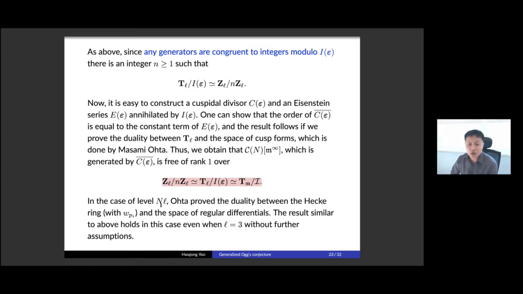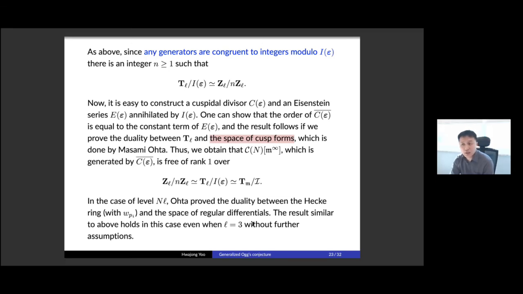And in the case of level NL, Ohta proved the duality between this ring and the space of regular differentials. So a similar argument holds in the case when L equals 3 as well, without further assumption.